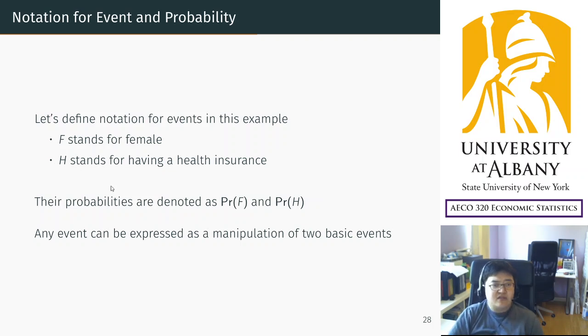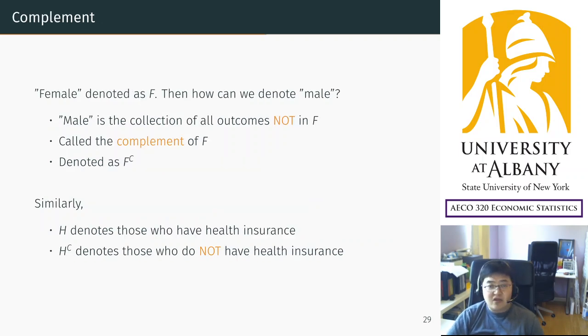Okay, now let's study the first operation on events. Consider we defined female as F. Female is an event. So event means when you choose a random person, what is the probability that the person is female? That's the event we define as F. Then how can we define male?